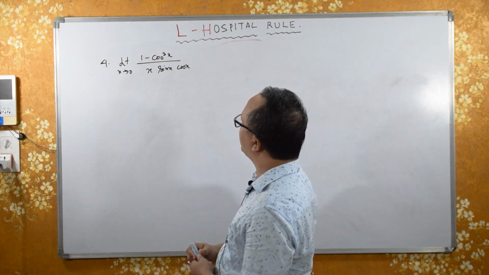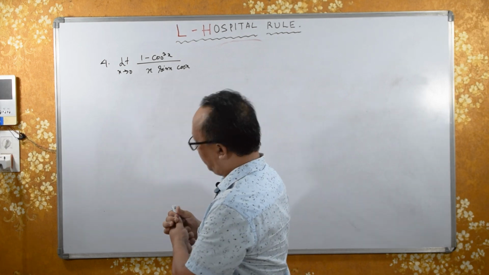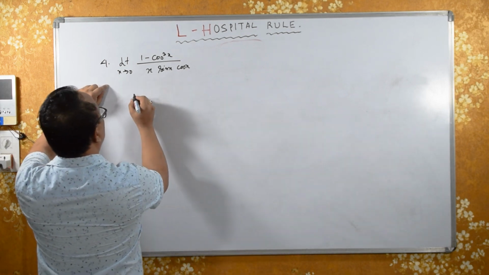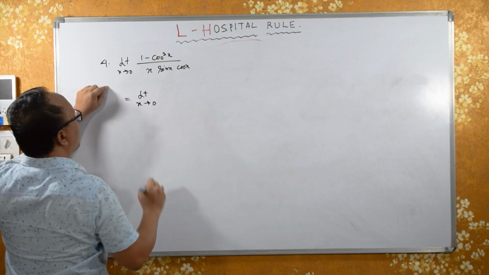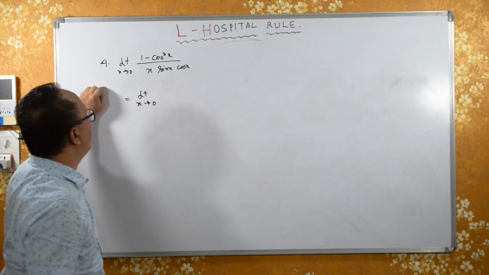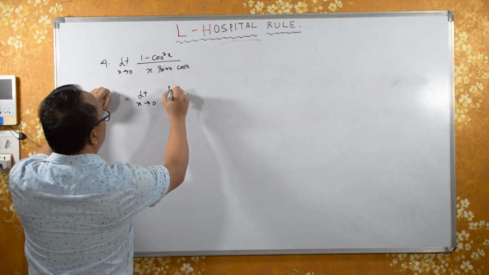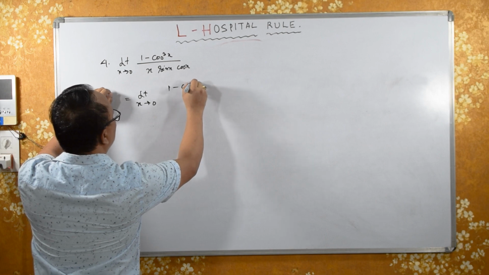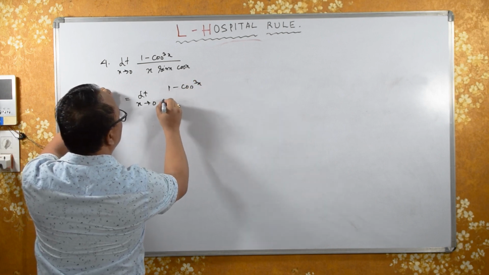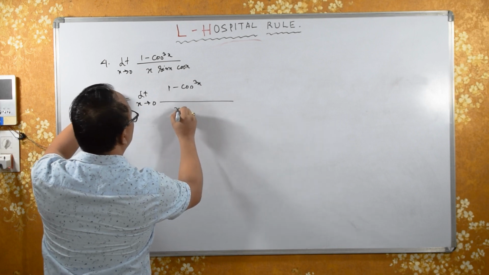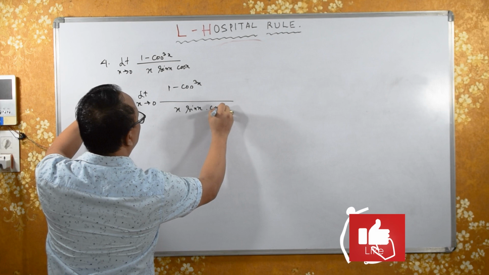Before differentiating, we can think something. What is the problematic term over here when x tends to 0? Now let's rewrite once again 1 minus cos cube x upon x into sin x cos x.